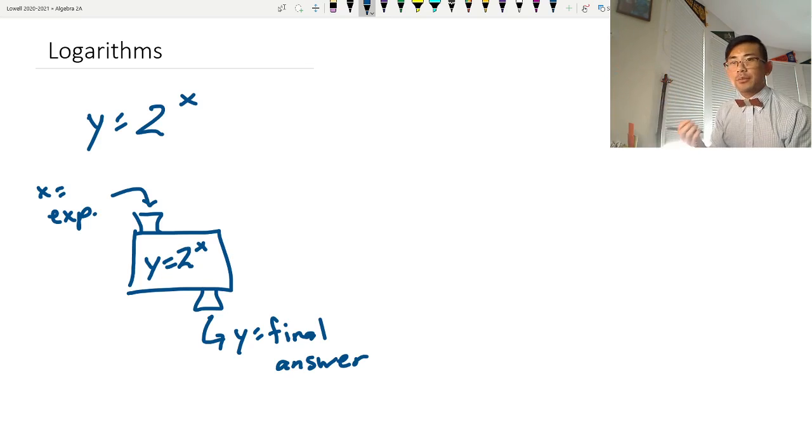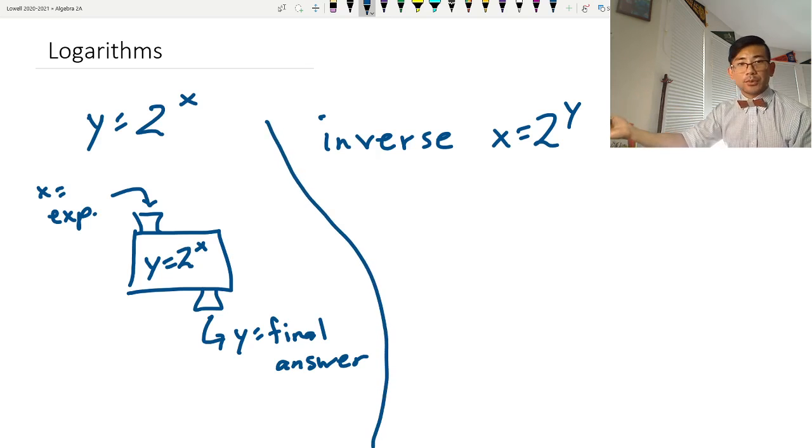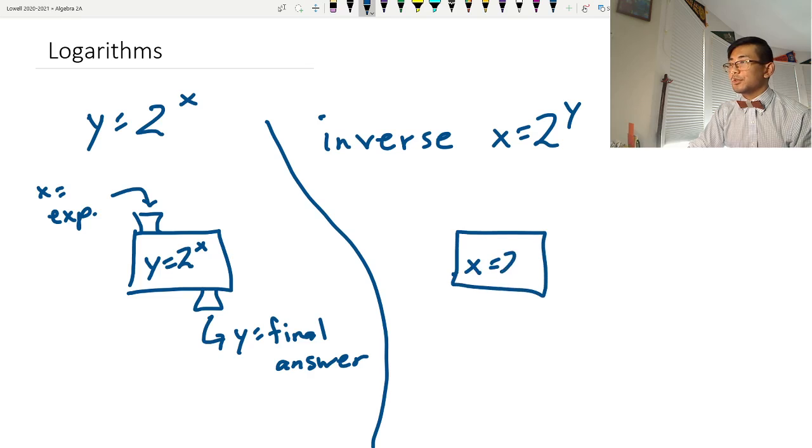The inverse, we talked about how the inverse is created by just switching x and y. So the inverse would be this: x equals 2 to the y. Now this looks a little bit different, but if we think about what the function machine would look like, our function machine is now x equals 2 to the y.